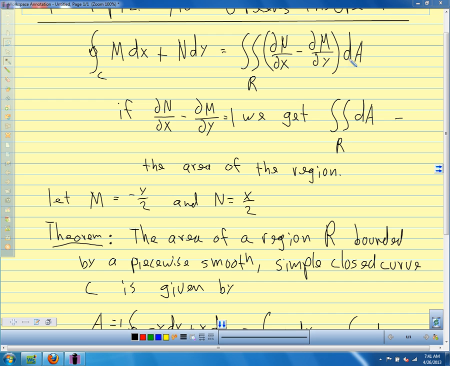Usually we're given some function, and we're told to evaluate this line integral of this function over this region. But here, rather than being given f, our problem is to find the area of this region, so basically we're running Green's theorem in reverse. We're picking f, and so m and n, so that this comes out to be 1.